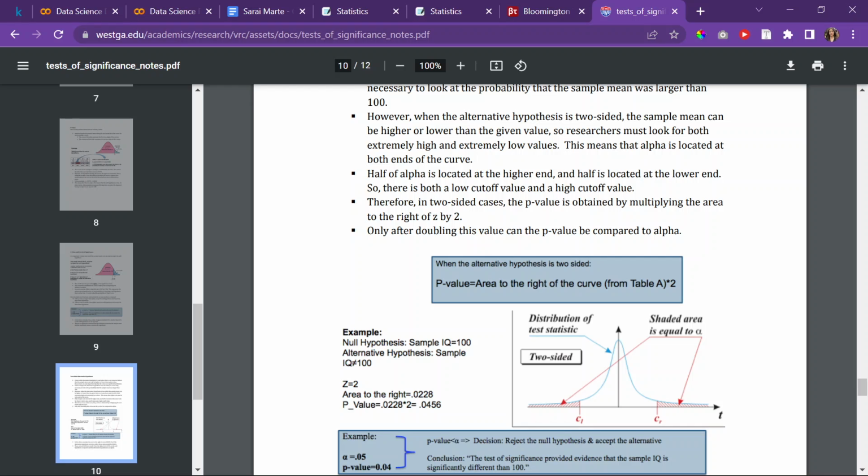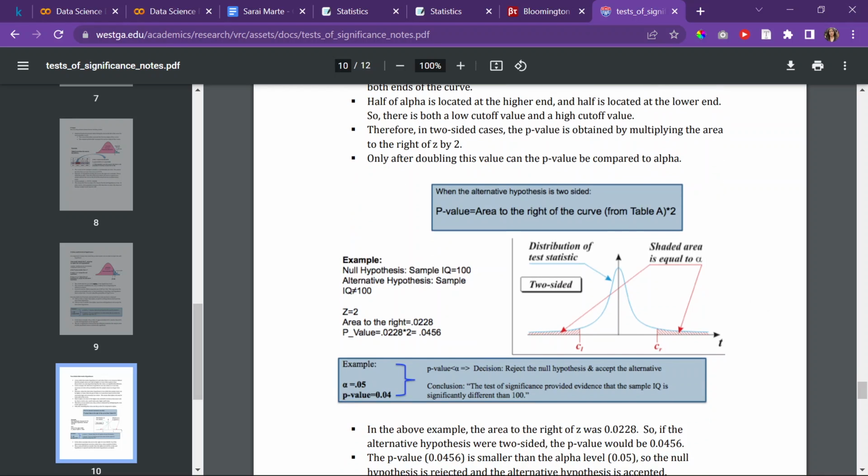Half of alpha, alpha, by the way, is 1 minus the confidence level, which is, in this case, wait, but that's confident, wait, what the heck? Oh my god, whatever. Therefore, in two-sided cases, the p-value is obtained by multiplying the area to the right of z by 2. Okay. Only after doubling this value, the p-value can be equal to alpha.